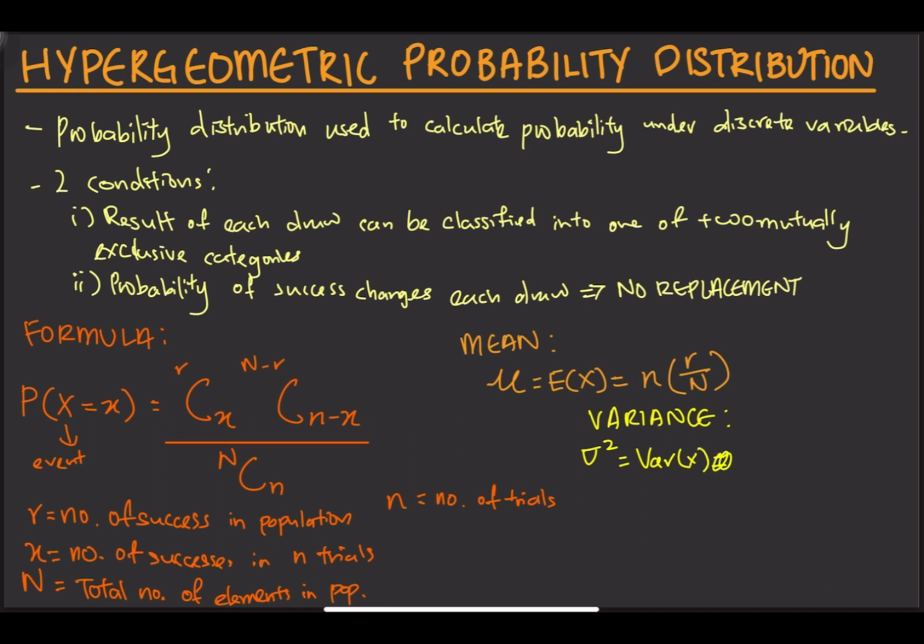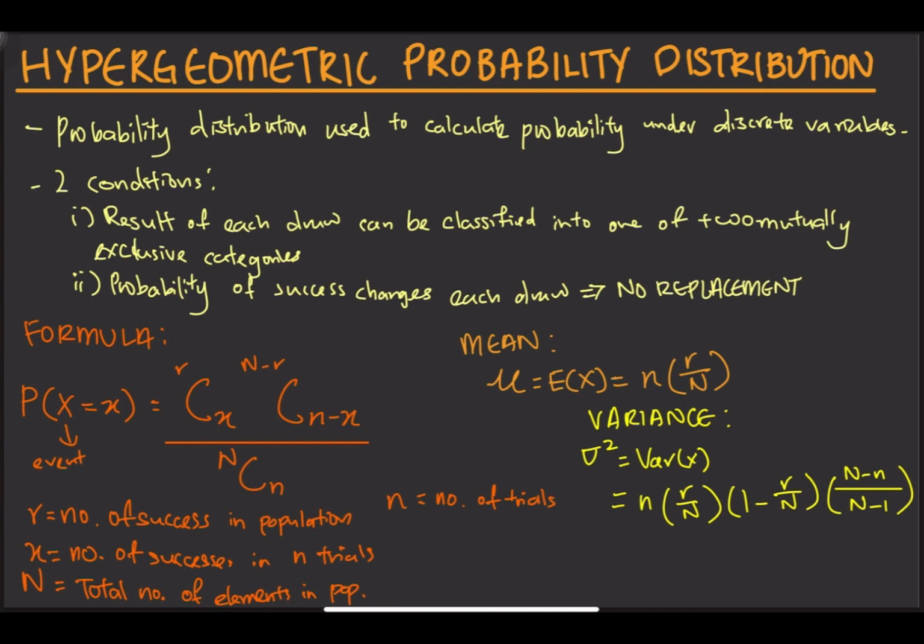This formula is a bit complicated, but should be okay. It is n multiplied by R over N, which is the mean, multiplied by 1 minus R over big N, multiplied by big N minus small n divided by big N minus 1. That is your formula for the variance. This formula can be easily applied in Excel or R if you ever use those in calculating statistical probability using technology, but given that you are using it in academia, this is the right formula.